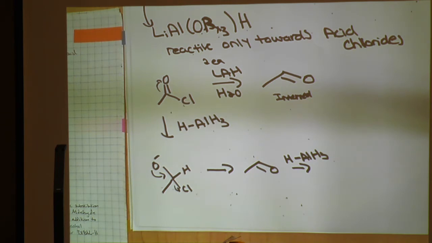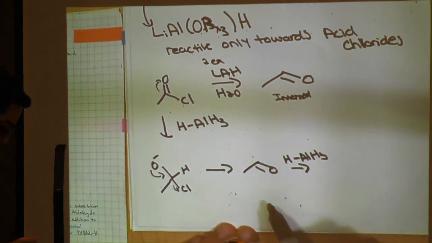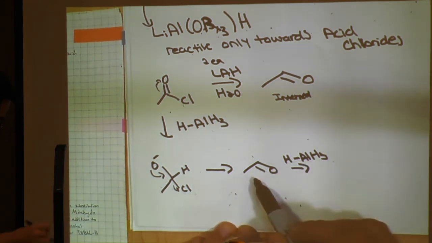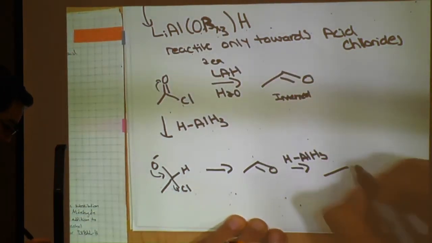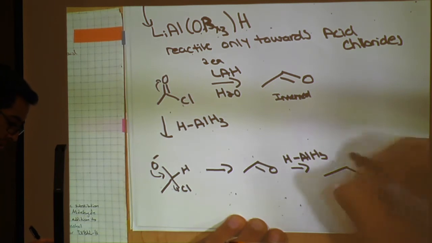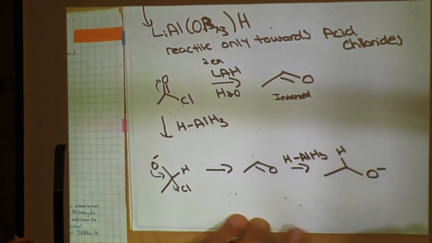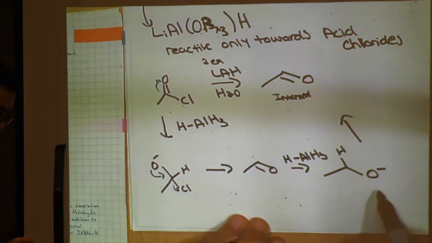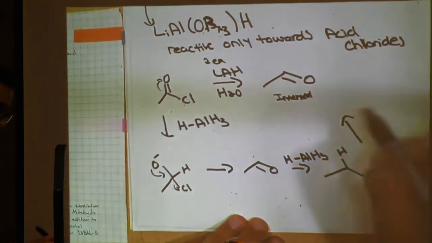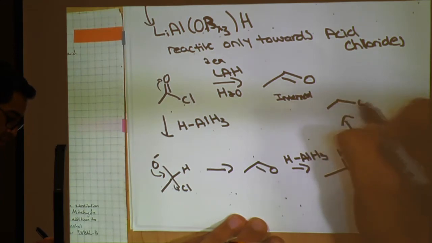So now is the part you already know where we reduce and we go ahead and bring it to a primary alcohol, right? And so from there, when you react, it's going to be the same steps again, except this time we now have O negative with the H, and with water, we can go ahead and protonate that, and that will give us the primary alcohol.